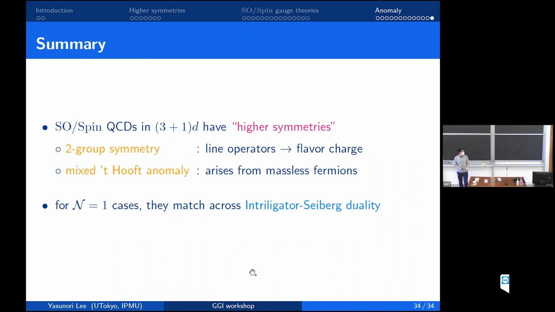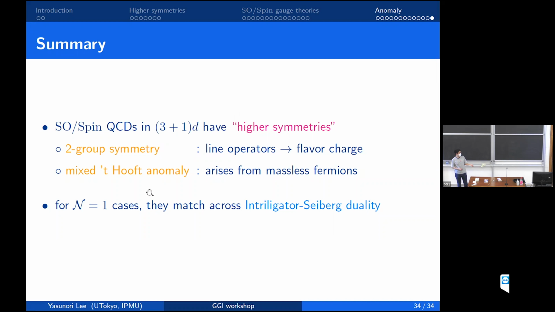Okay, great. So let me summarize my talk then. We've looked into SO QCDs and Spin QCDs with even number of colors and even number of flavors in 3+1 dimensions. There was a 2-group symmetry or mixed 't Hooft anomaly between 0-form and 1-form symmetries. The 2-group symmetry was detected by looking at line operators and finding non-trivial flavor charge of them.